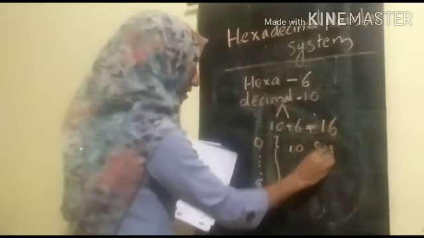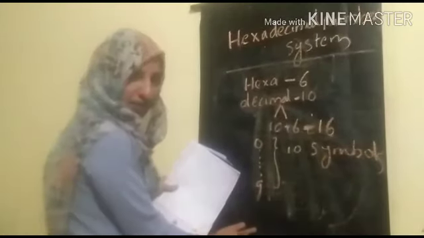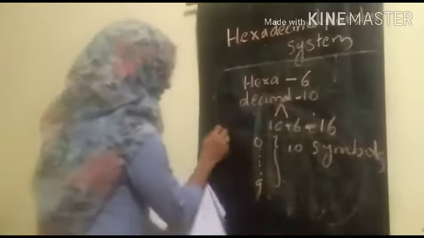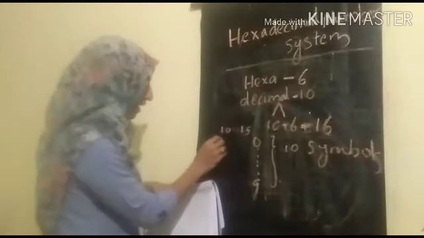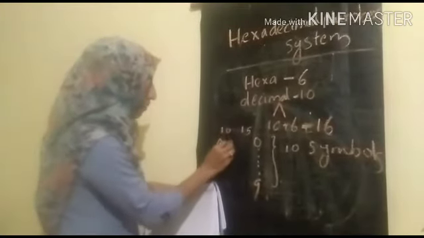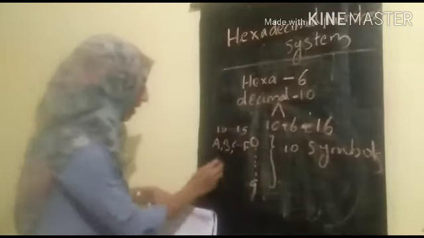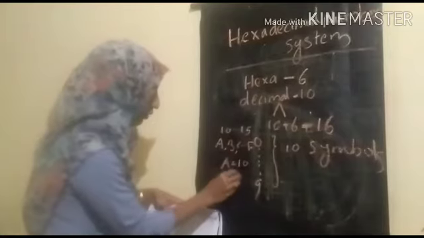Then for 10 to 15, we use alphabets, that is A, B, C, up to F. Then A equals 10, B equals 11, etc.